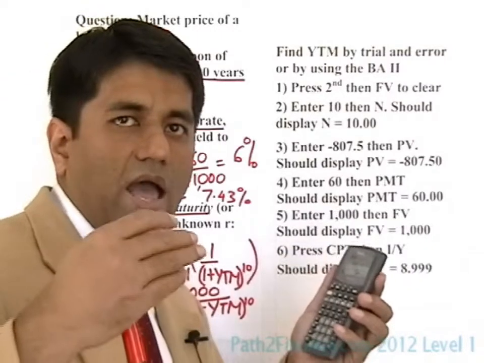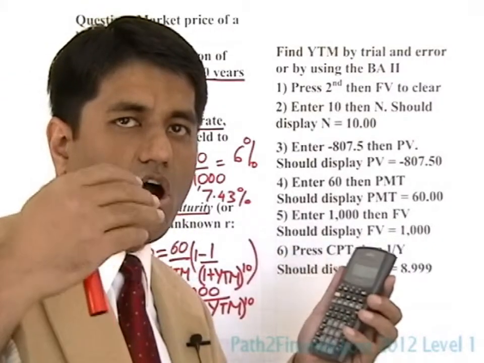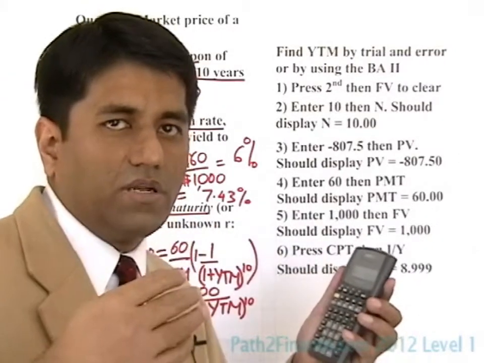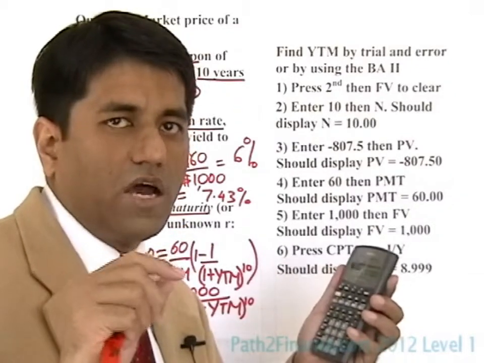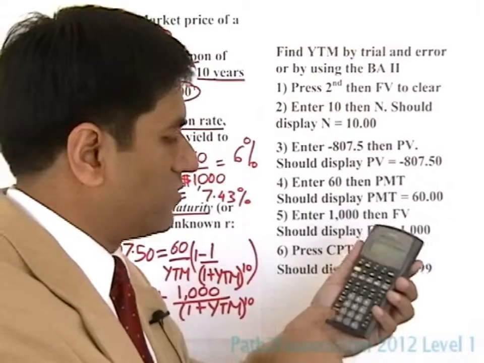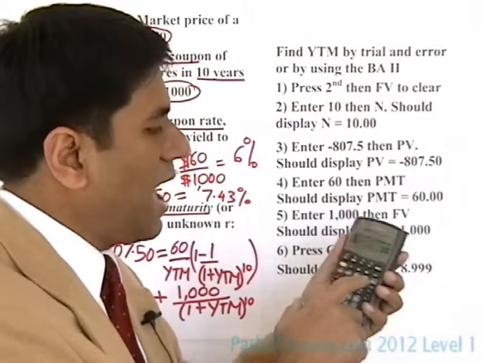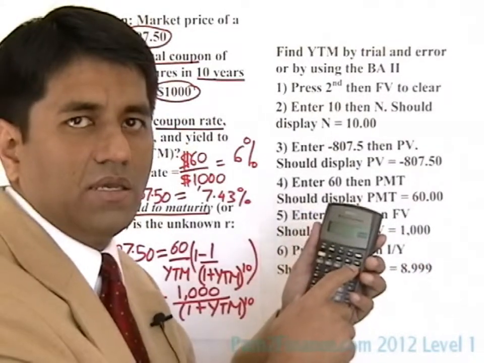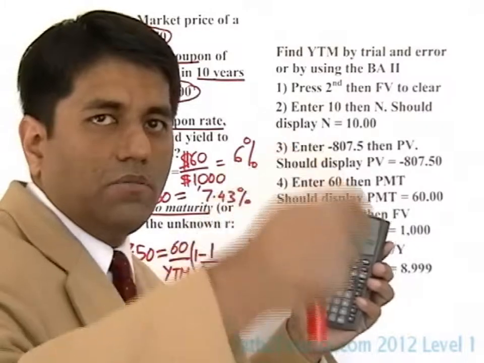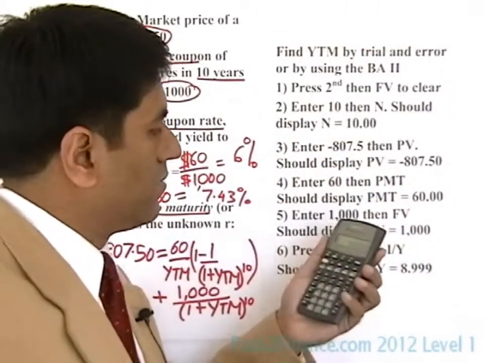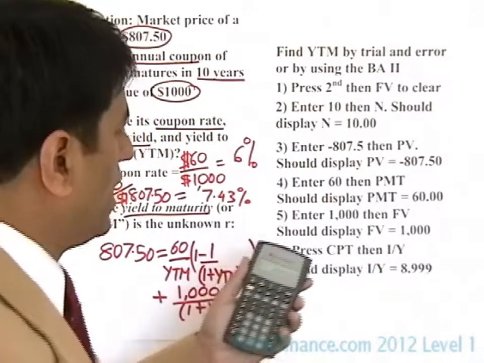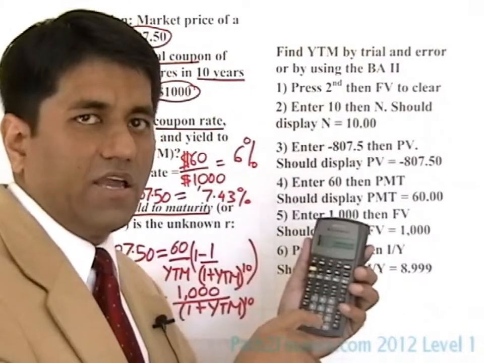Now this also has a cash flow on the last day, which is 1,000. So this is an annuity plus one more cash flow on the last day of 1,000. So enter 1,000 and then press FV for the payment on the future date. So with that, you've entered all the data required.